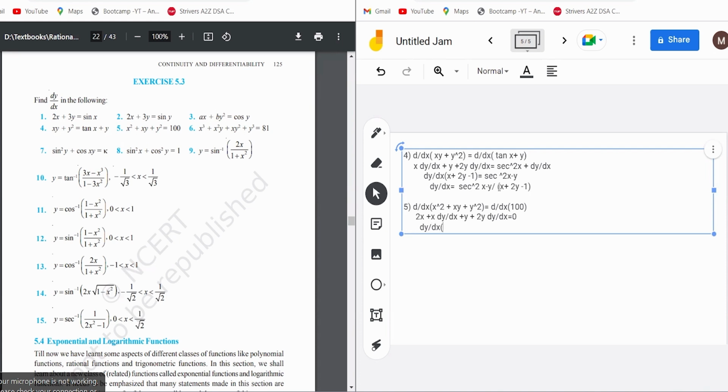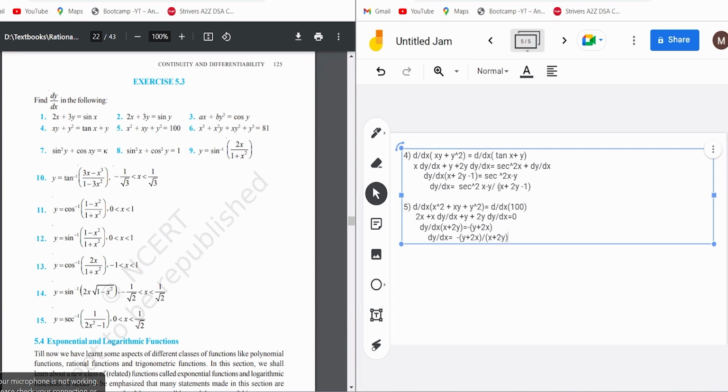So taking dy by dx common, I will get x plus 2y, ठीक है, x plus 2y equal to minus y minus 2x, because उधर जाएगा तो it would be minus of y plus 2x। ठीक है, तो अभी यहाँ से मुझे मिल जाएगा dy by dx equal to negative of y plus 2x डिवाइड बाई x plus 2y। जल्दबाजी में इसको कैंसिल मत कर देना, बिकॉज एक में x 2 के साथ है, एक में 2y के साथ, so it would not be cancelled. So this is our final answer to this question.